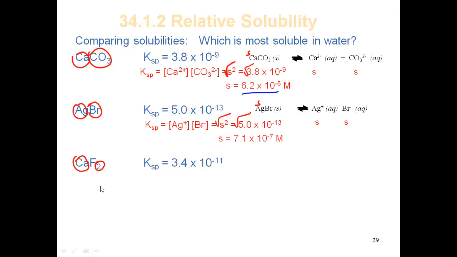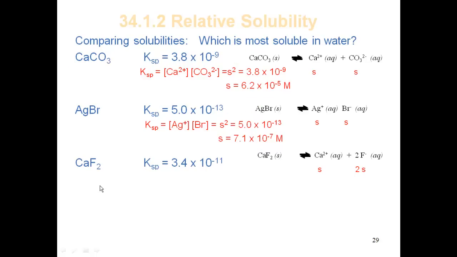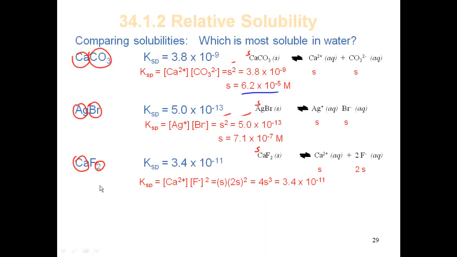But let's see what happens when I do the third one that has 3 ions in it. You have a calcium and 2 fluoride ions. If my molar solubility for calcium fluoride is S, then I have S for calcium and 2S for fluoride. KSP is equal to the concentration of calcium times the concentration of fluoride squared, which is S times 2S squared. 2S squared is 4S squared, times S is 4S cubed.